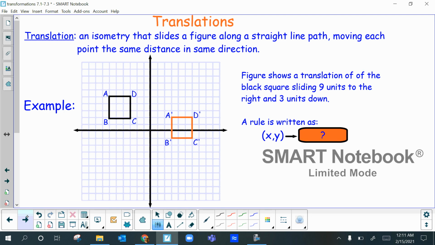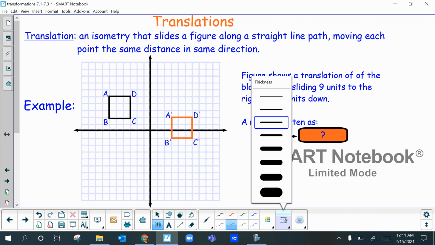All right, so the first one we're going to talk about is a translation. And this is an isometry that slides a figure along a straight line path, moving each point the same distance in the same direction. So in this first example, is it a square? Yes, it is a square. So we have square ABCD, and it maps onto A prime, B prime, C prime, D prime.